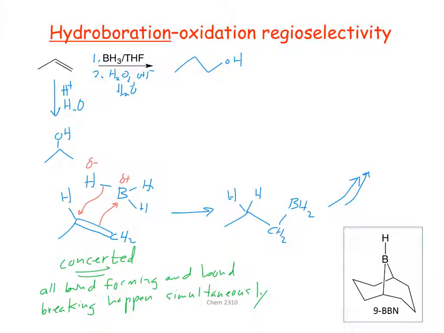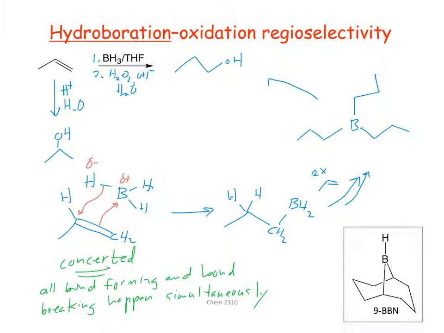So I'm going to just do it like this for right now. It's going to react with 2 times more of these alkenes, so it's going to form this species here. So there's our boron, and it's going to have 3 propyl groups attached, like this. So it's done 3 hydroboration steps.